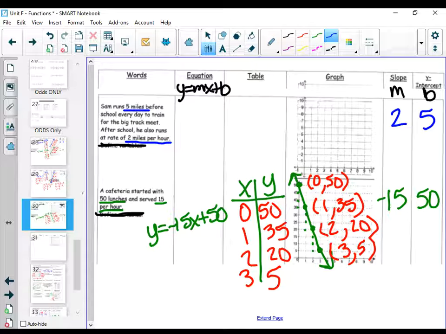Now let's go back up to Sam and his 5-mile run. Make sure that you have your equation, y equals 2x plus 5. You're going to make your table, and you are going to make a graph. So a table and a graph.